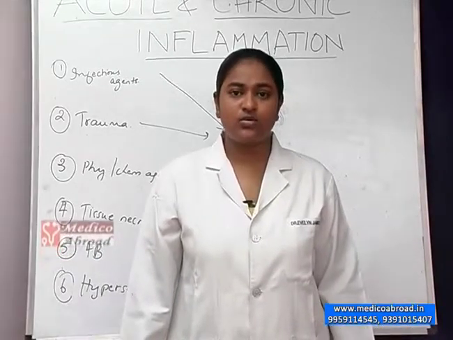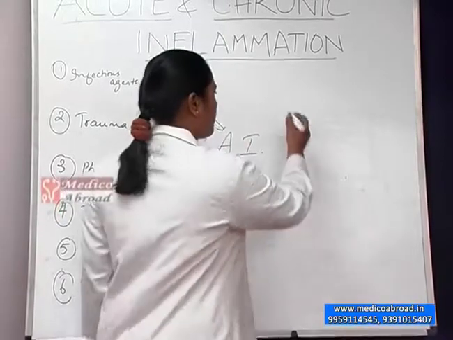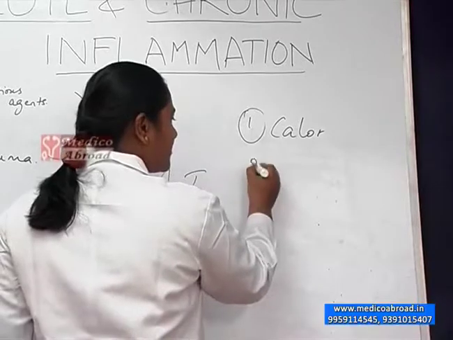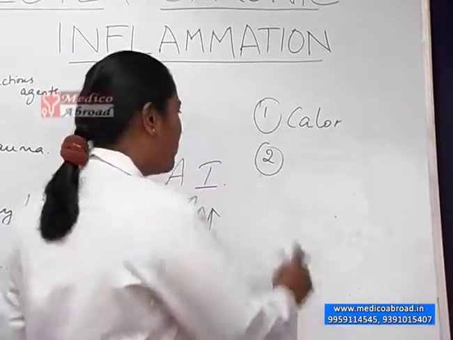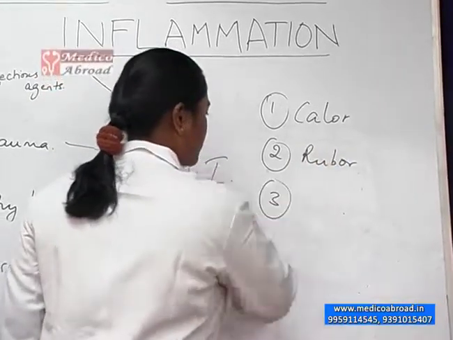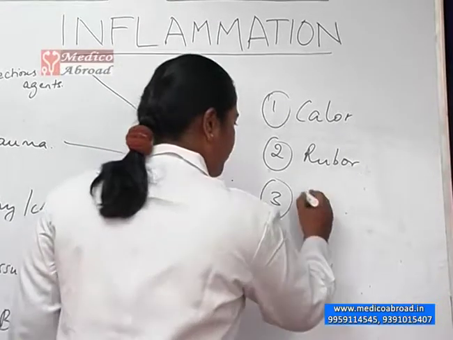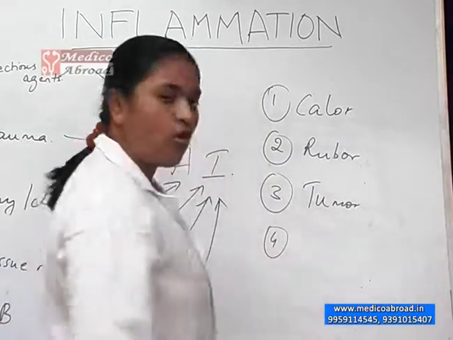Now let's list out the 4 characteristics of acute inflammation. 1. Increase in temperature called calor. 2. Increase in erythema or redness called rubor. 3. Increase in size of the swelling called tumor. And 4.